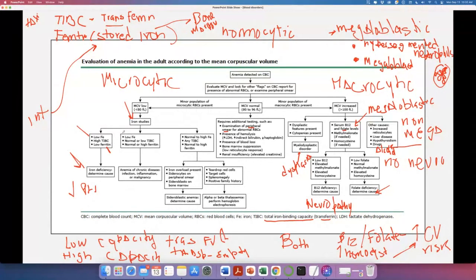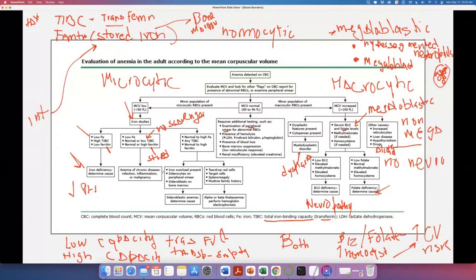Now let's go to the next. The iron in the serum is low, but now they have a normal or low TIBC, and they have a normal or high ferritin. That means all the iron is stored, it is not in the serum, and there is no scavenger protein. So there is no one out there looking for iron.